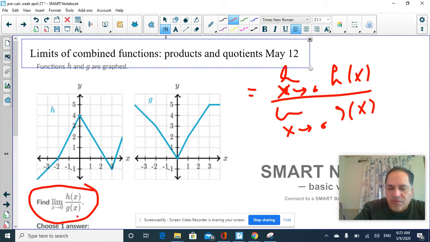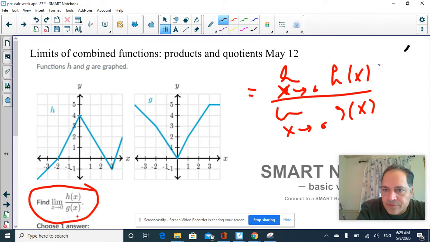Makes sense, because we can't divide by 0. So first we have to find what? The limit of h of x when x approaches 0.